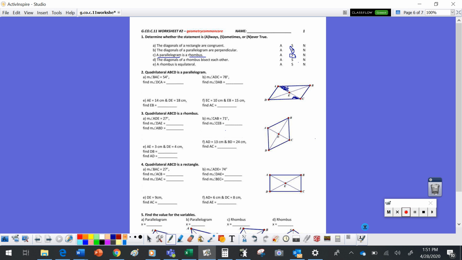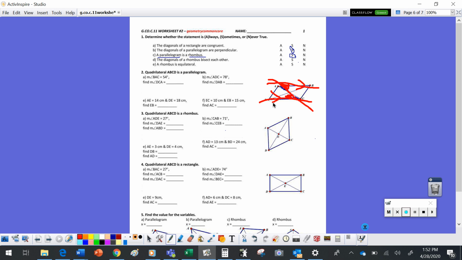Well, one thing we know about a parallelogram is that the opposite sides are parallel. So this side and this side are parallel, and this is the other line that forms both of these angles. Well, if that's true, I've got a pair of parallel lines and a transversal. And the two angles we have highlighted, those are alternate interior angles.